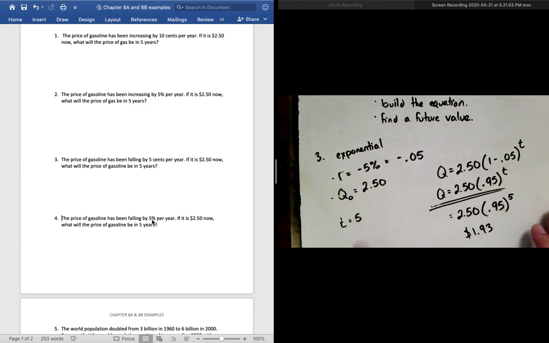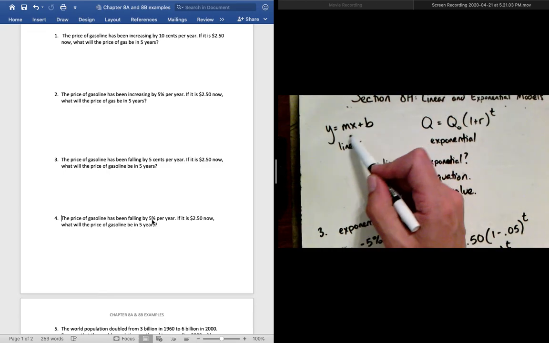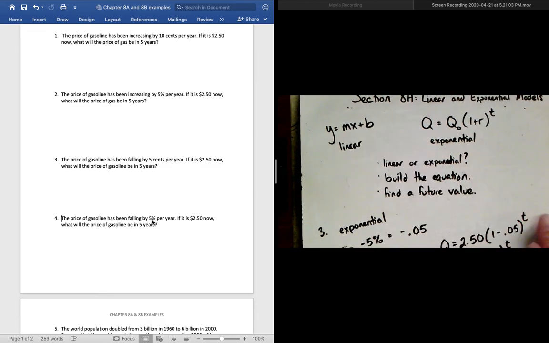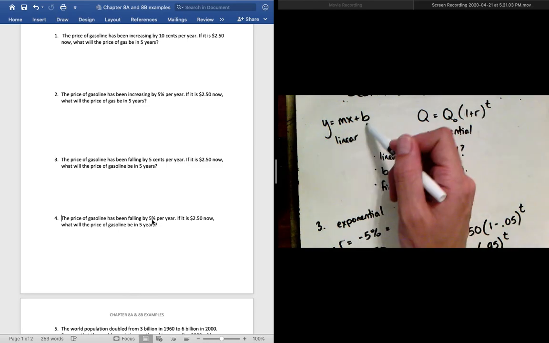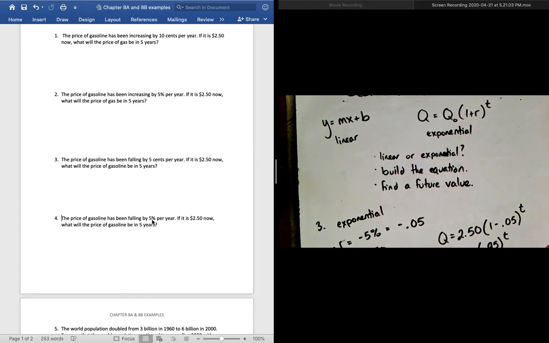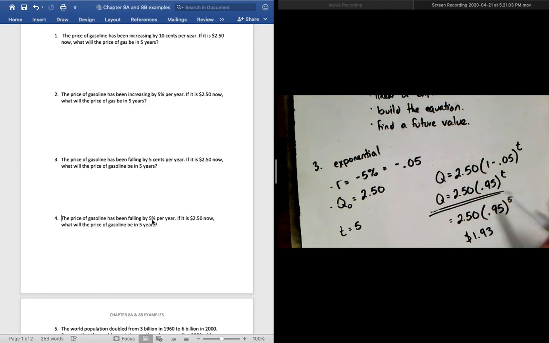In the linear equation, the rate of change is m. And then the other important piece of information to grab is that starting value. In the exponential model, it's played by Q naught. In the linear model, it's played by B. Once you have those two pieces, it's just a matter of plugging it in and evaluating. For money, we always round to 2 decimal places.